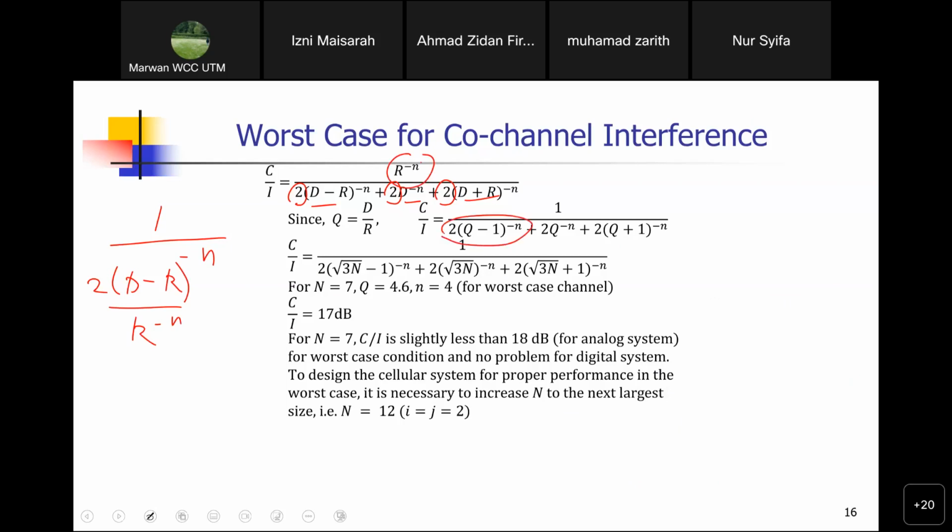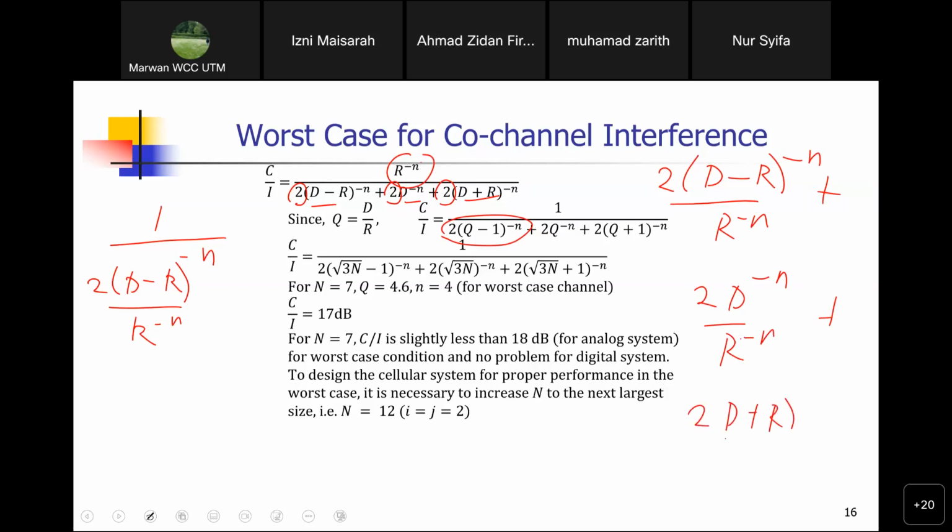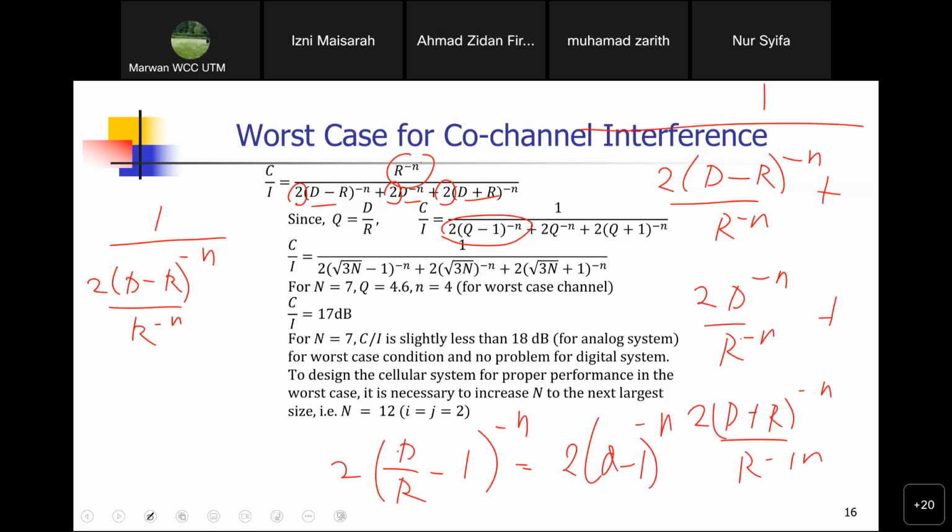So here is 2 (D minus R) to the power of negative n, divided by R to the power of negative n, plus 2 D to the power of negative n divided by R to the power of negative n, plus 2 (D plus R) divided by R to the power of negative n. Everything here is 1 divided by that. Then you can do it: D divided by R minus 1 to the power of negative n, 2, and that will give you 2 (Q minus 1) to the power of negative n, which is this one over here.